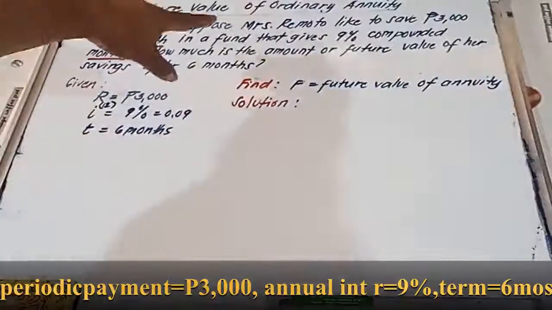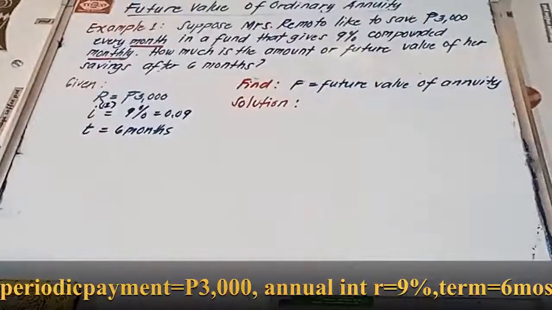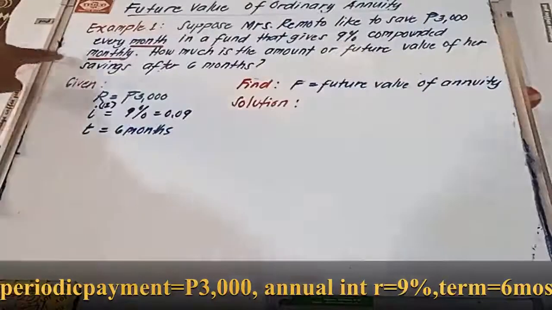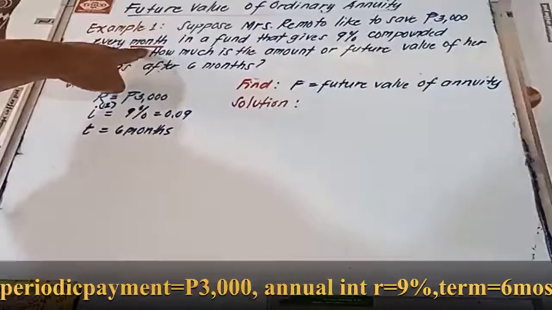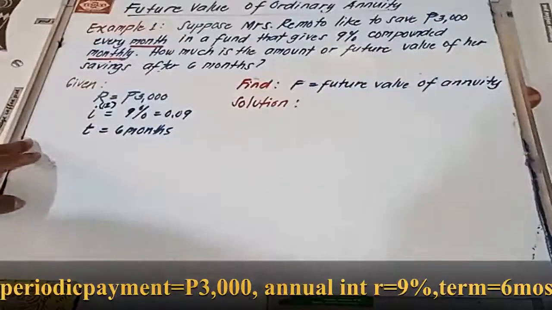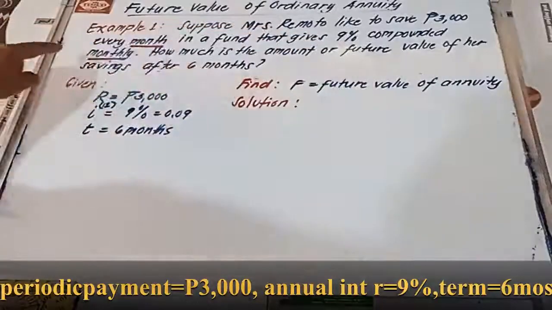Palagay ka na kasi sa taas is ordinary annuity. And ano pang klaseng annuity ito? So, napansin natin na si Mrs. Remoto magse-save every month. So, ang payment interval niya is every month or monthly, while the interest period natin is 9% compounded monthly.